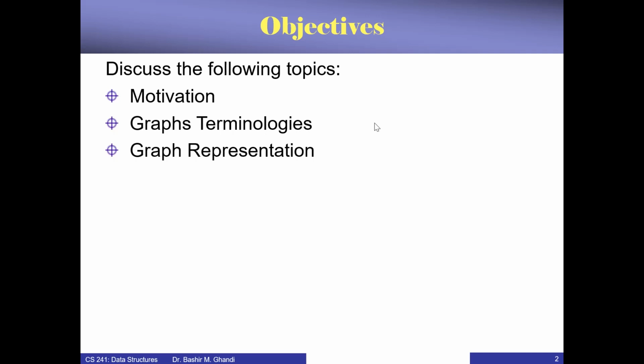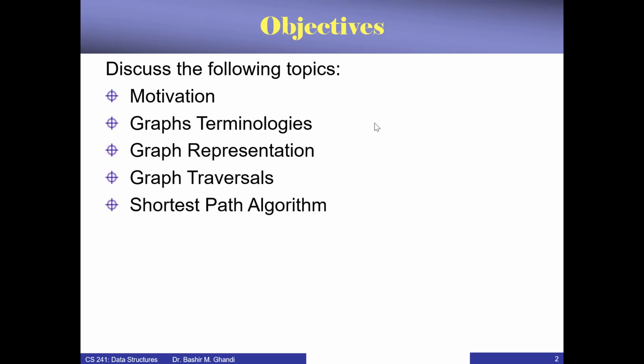There are a number of representations, and we will choose one of them. Then we'll look at traversals of graph. Just like with trees, we need to learn how to traverse the vertices of a graph. Finally, we take on one of the popular algorithms about graph, which is called the shortest path algorithm. So this is the target for this first part of lecture about graph.